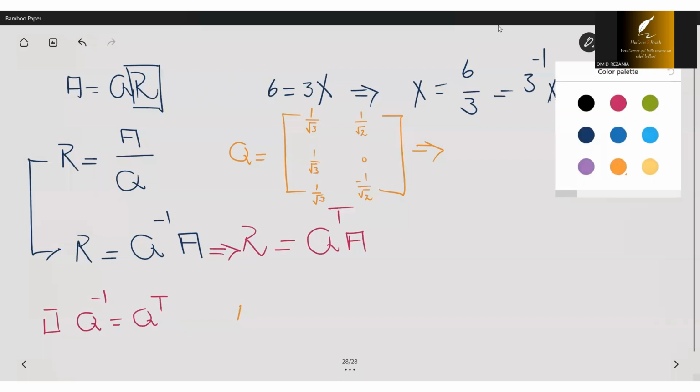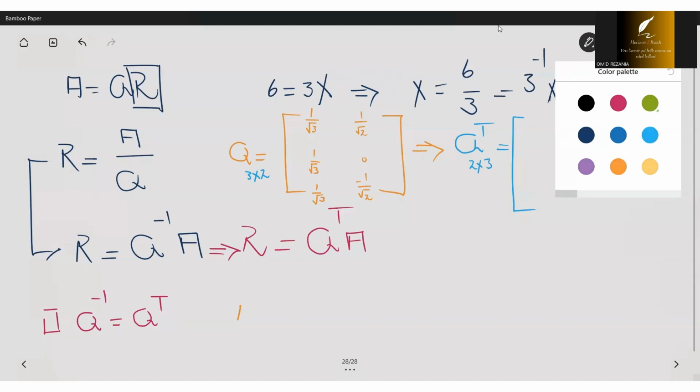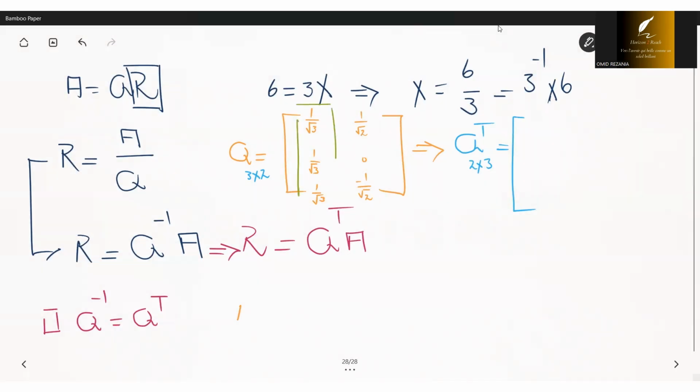However, now I see that I do not need Q itself in order to get R. I need the transpose, Q^T. Q was a 3 by 2 matrix, so Q^T becomes a 2 by 3 matrix. It means that now the first column becomes the first row. What is the first column? This one.